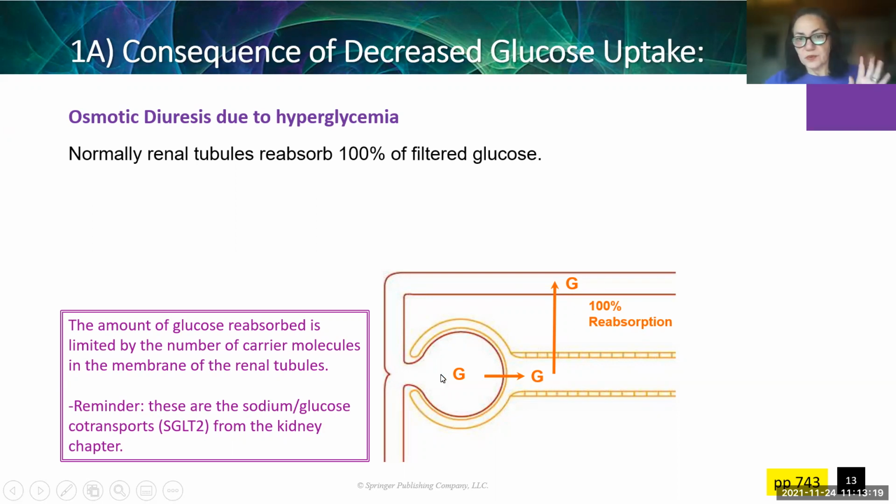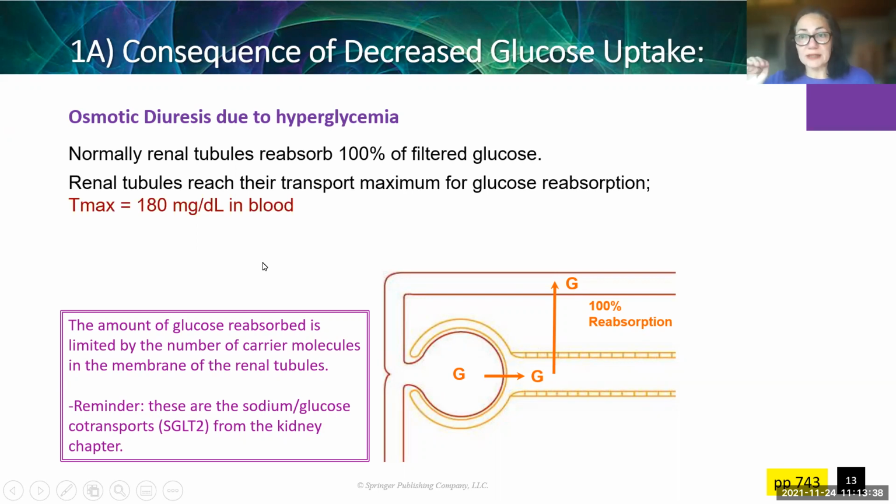Okay, so normally some of the glucose that's in the blood comes out into the renal tubule, and all of that gets reabsorbed as long as the blood glucose is in the normal range, between 70 and 110.